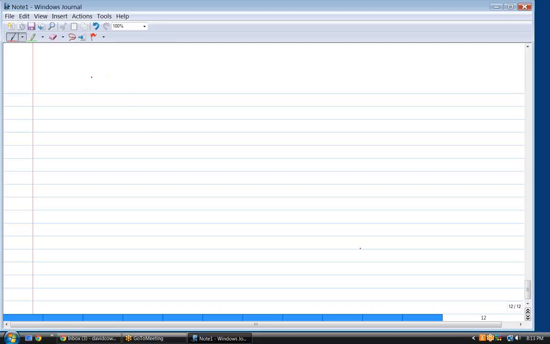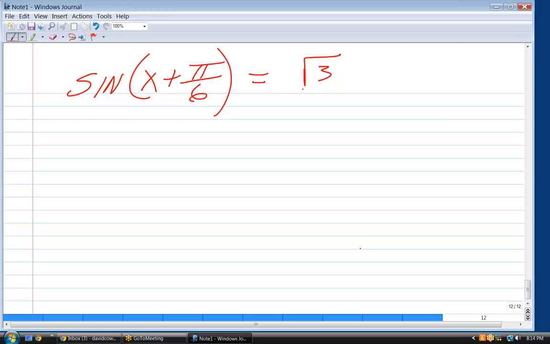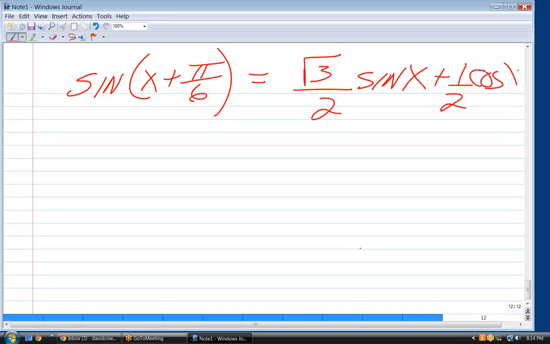Okay, so we have sine of x plus pi over 6 equals square root 3 over 2 sine x plus 1/2 cosine x. Now what are we going to use to prove this?